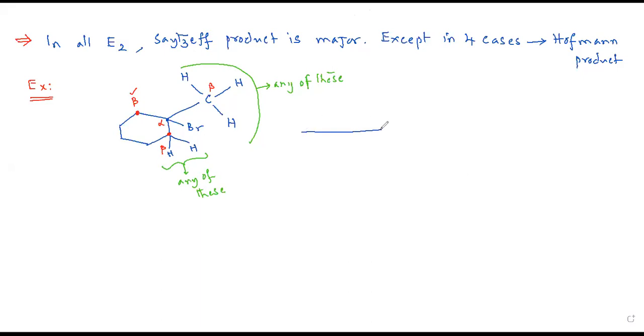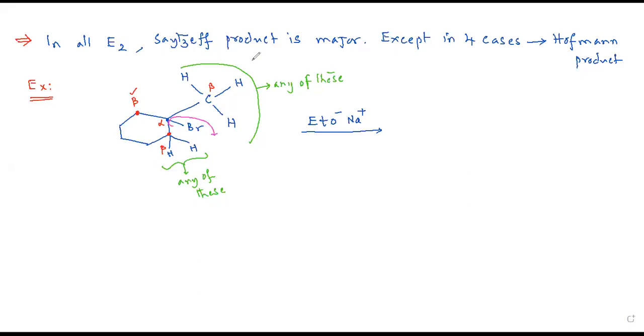Let us use a strong base. Told you to go for anion. Now, no doubt, this is going to go out. But what is that beta hydrogen that comes to the rescue of this carbon, which is going to get partial positive charge in the transition state?